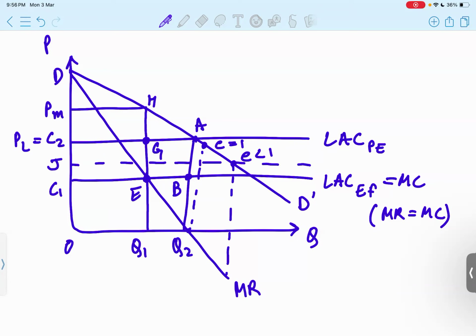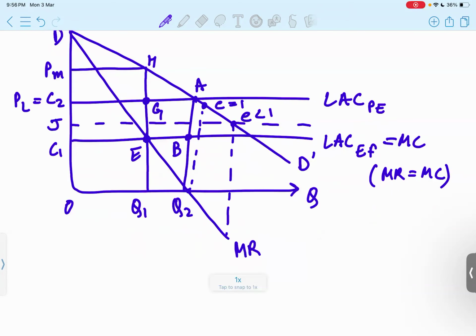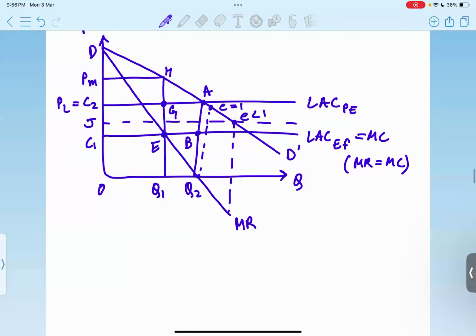Now, if we understand the working here, for profit maximization, initially the firm will be producing at this equilibrium point, point E, where the monopoly price is set, and it will be able to maximize its profit given the equilibrium condition that marginal revenue equals marginal cost. Now you will see that PM is a price which is higher than the long run average cost curve of the potential entrants.